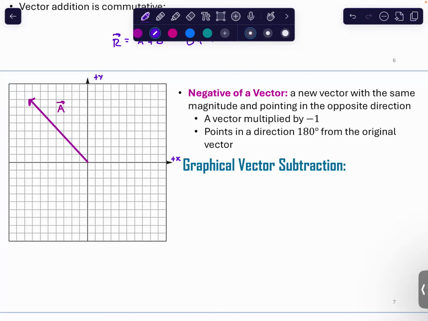Negative X, positive Y. Now, the negative of the vector is in what quadrant? Fourth quadrant. So remember, the negative of your vector is the exact same magnitude as your vector, just points 180 degrees in the opposite direction. And also keep in mind as we're going forward that the negative of a vector is essentially taking your vector with its components and multiplying by -1.